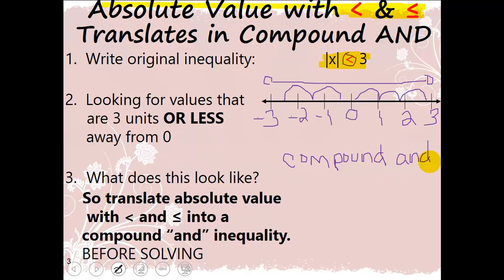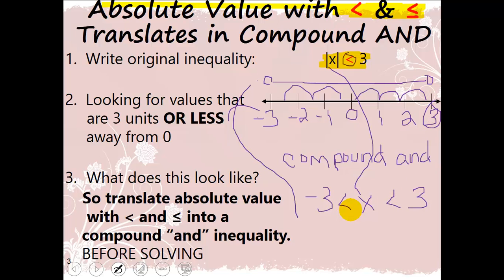And how do I write this algebraically? Well, I'm going to take -3, I'm going to take my variable, I'm going to take +3, and I'm going to put less than symbols in between them, just like that.